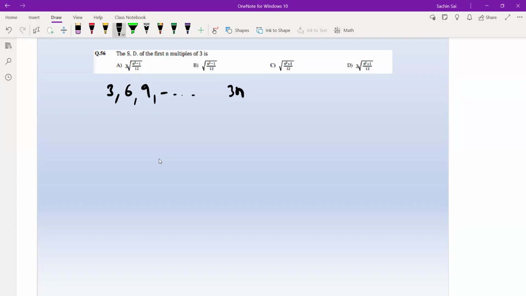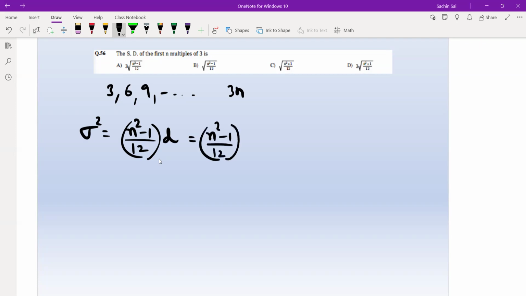Right? So in an AP, how do you find the variance? The variance is n square minus 1 by 12 times the common difference, right? So in this case, it will be n square minus 1 by 12 times 3, right? So this is the variance.